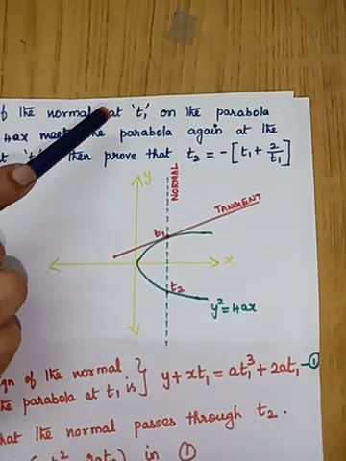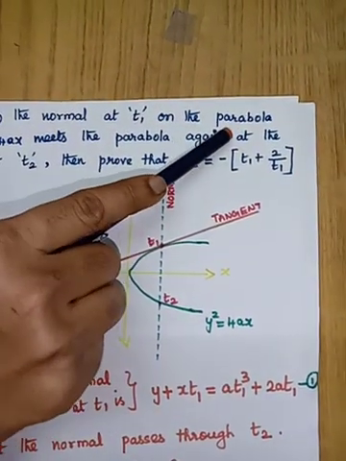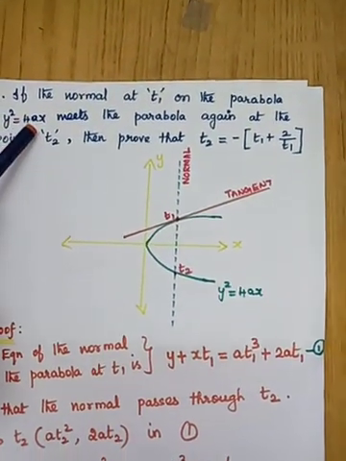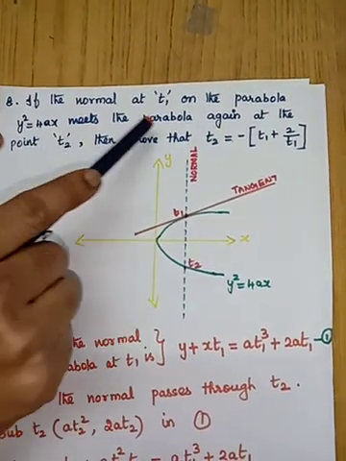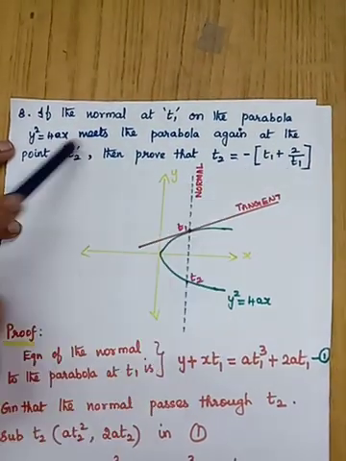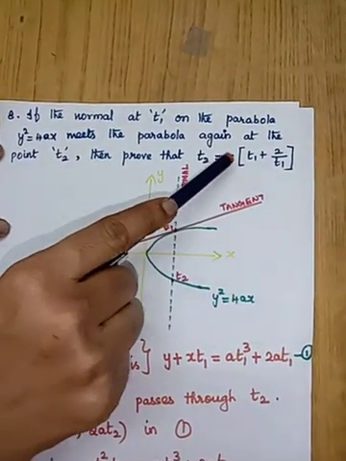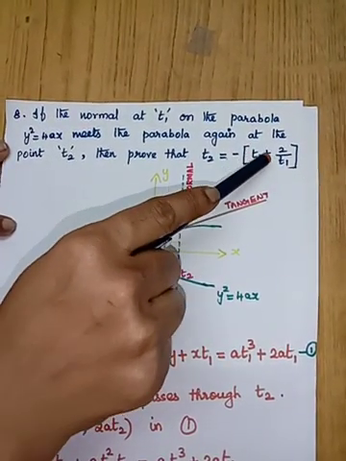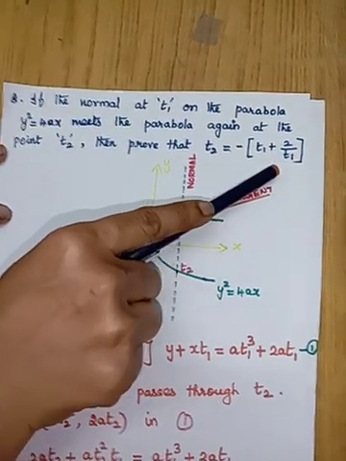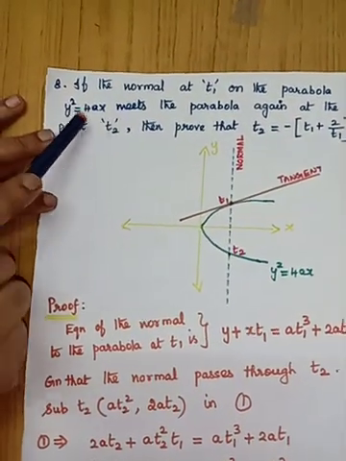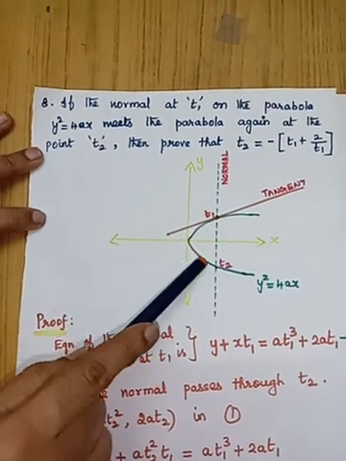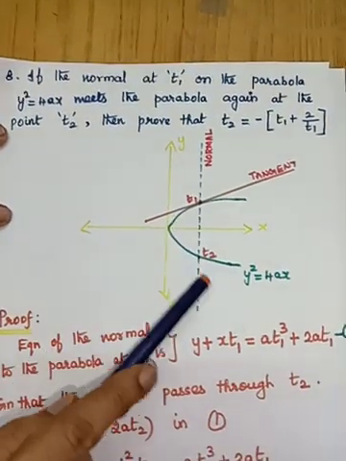If the normal at t1 on the parabola y squared is equal to 4ax meets the parabola again at the point t2, then prove that t2 is equal to minus of (t1 plus 2 by t1). So the curve is a parabola which is open rightward, so I have drawn it.